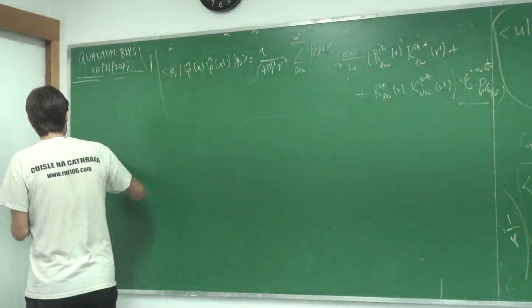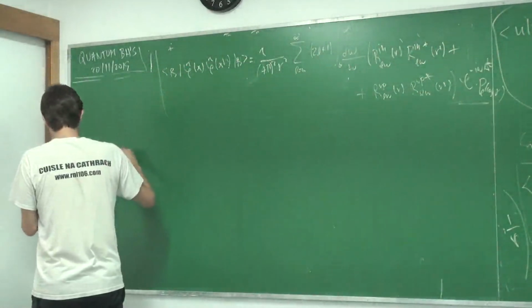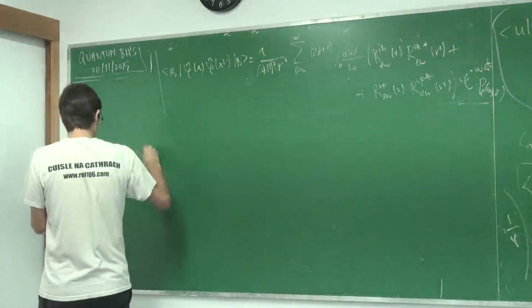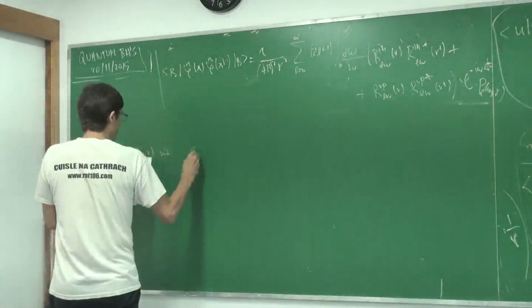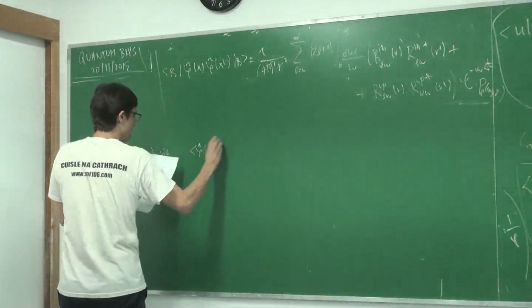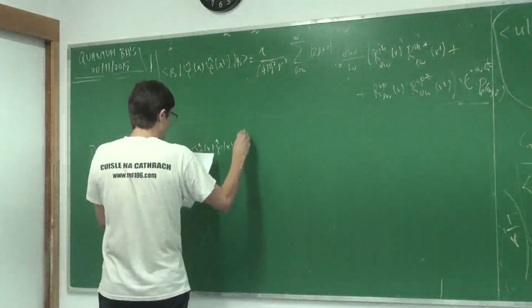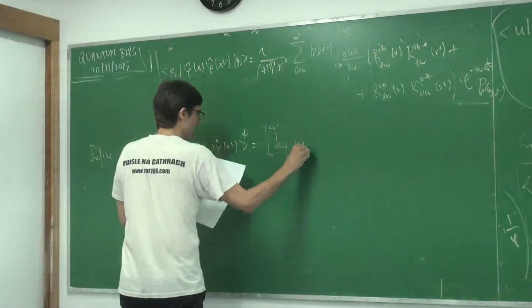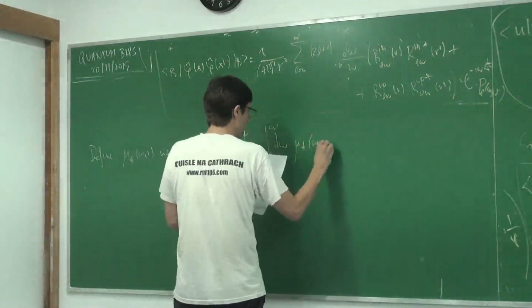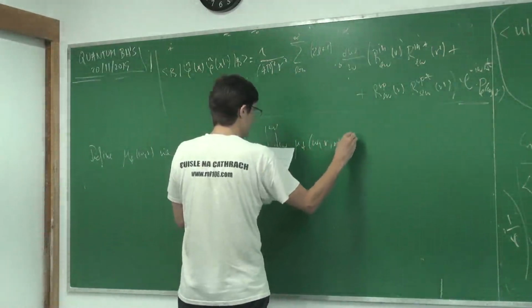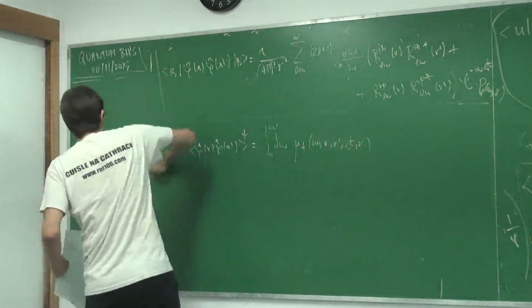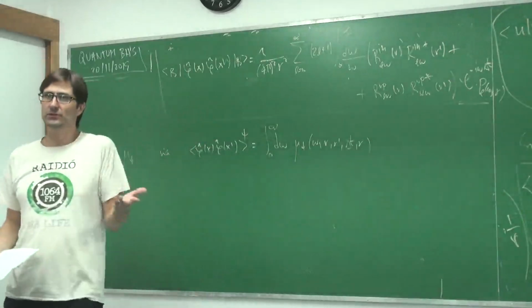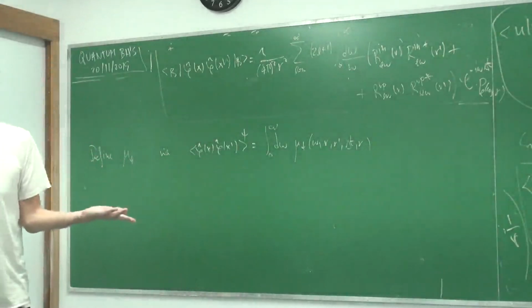So define mu psi in the following way. All I mean is mu is just the integrand, the omega integrand.